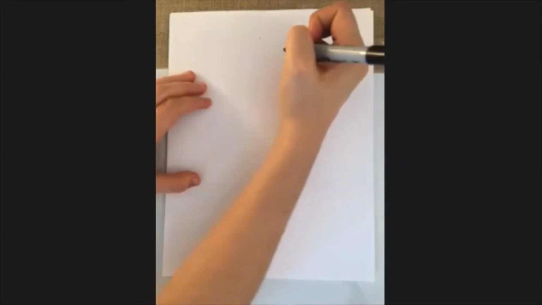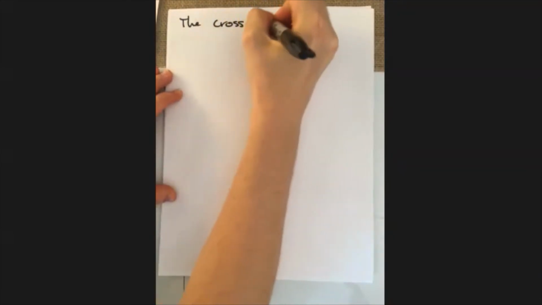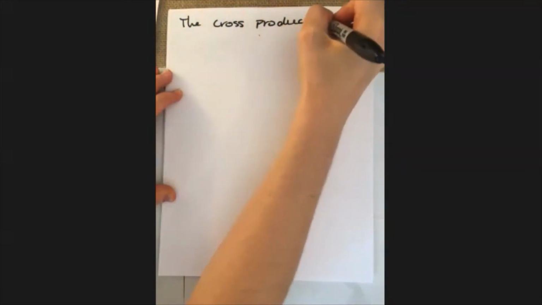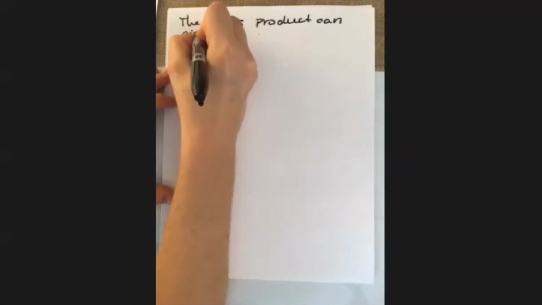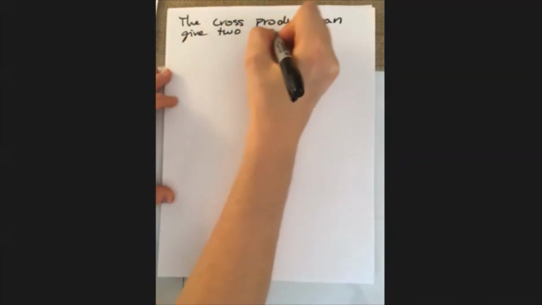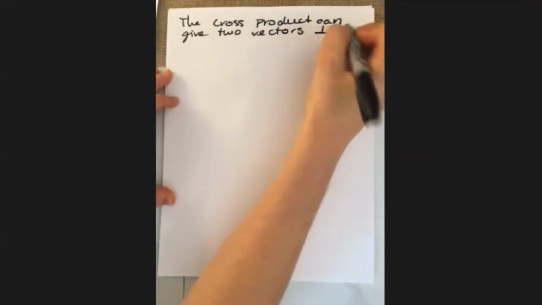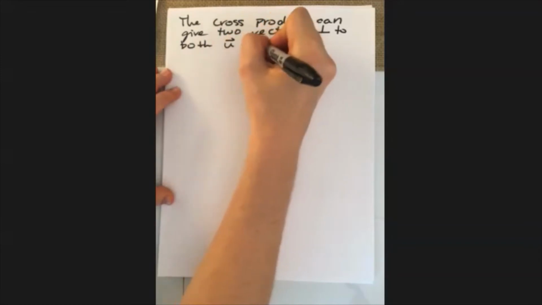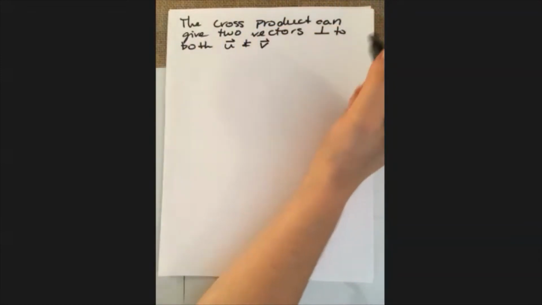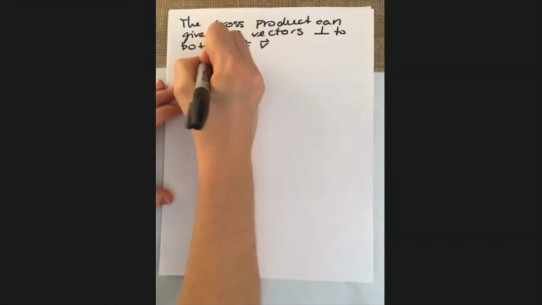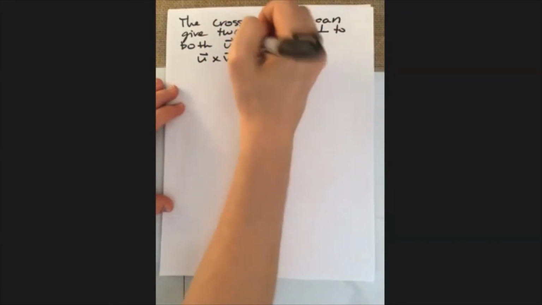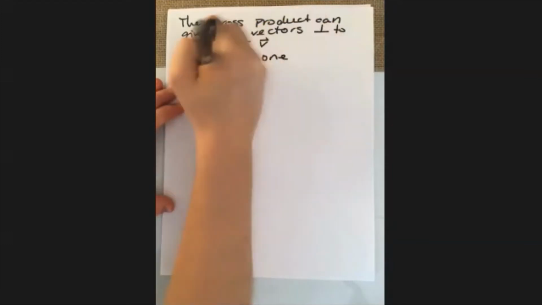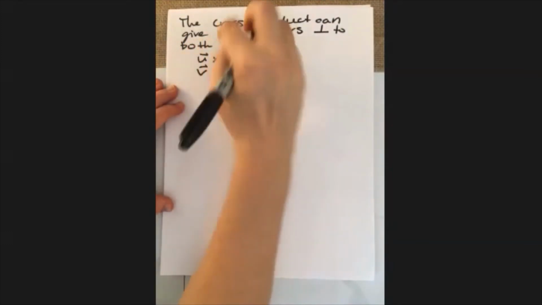Now, one thing that I want to point out is that the cross product actually gives you two vectors that are perpendicular to both of these. Because then all you have to do in order to get another vector that is perpendicular is, we start with u cross v, but then also if we wanted to take v cross u, it's not equal to this guy right here.